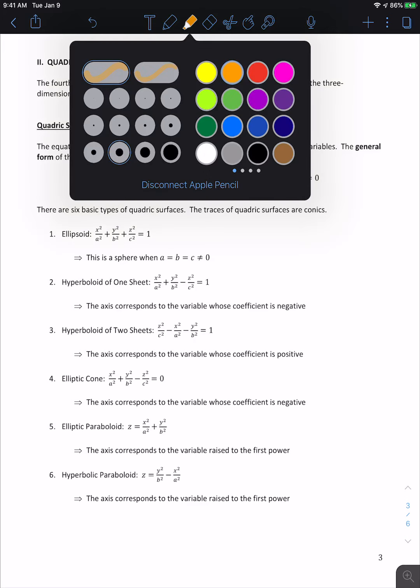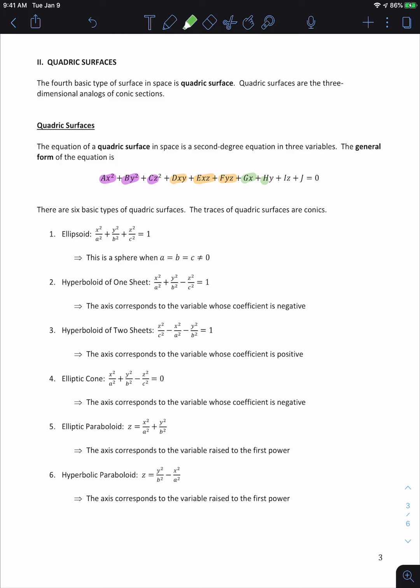Then I see every variable by itself to the first power, and a constant at the very end. That would be the general form of the equation, for constants a, b, c, d, e, f, g, h, i, and j. I could have some of those constants be 0 to make some of these variables disappear, which you'll see in a second. But that is the general form.